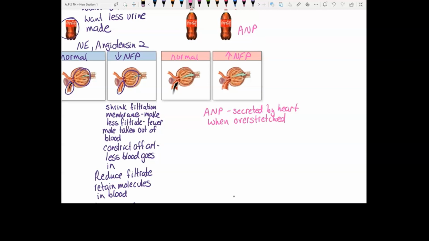So your goal here is to reduce blood volume. Well, the way you reduce blood volume is to make more urine. The more urine you have, the more stuff you're taking out of your blood.